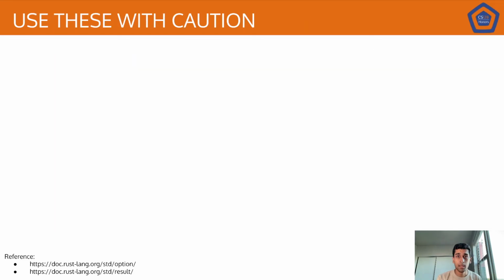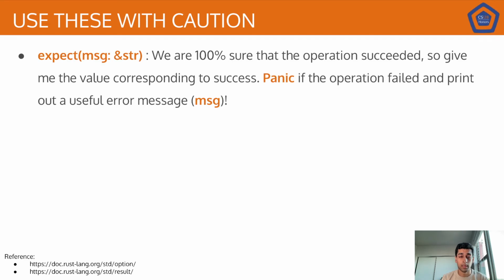Okay. Use these methods with caution. So expect, we are 100% sure that this operation will succeed. So extract the success value from my option or result. Otherwise, panic and crash the program if the operation failed and print out this message.